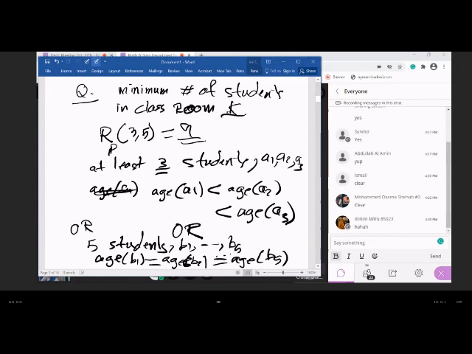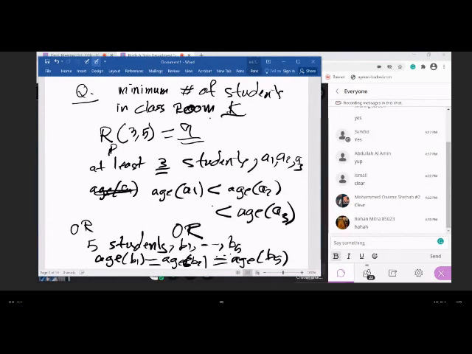This is the minimum number you should have in order to make this statement correct. And remember that we don't know the students. You enter a room, and you don't know who is sitting there, and you want to make a statement like that.